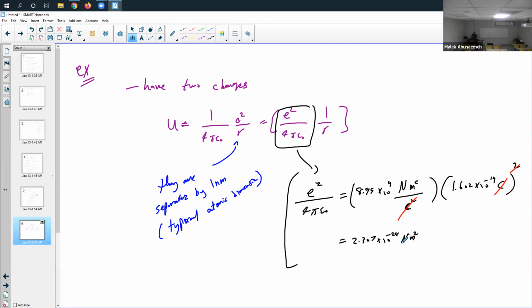All right, well, what's the newton meter squared? Let's look at the unit for a second. This is going to be in newton meters.